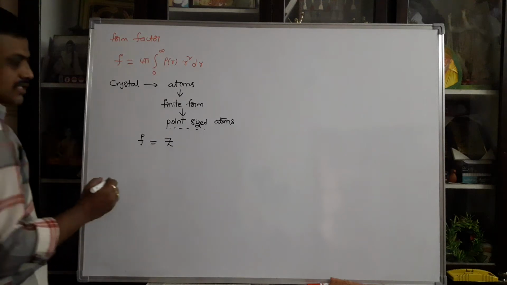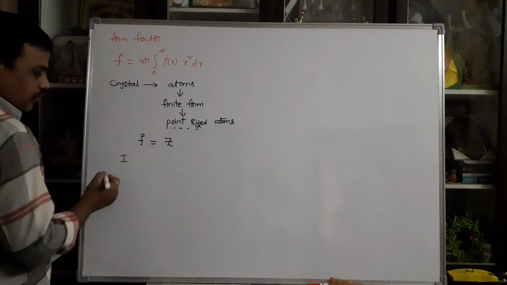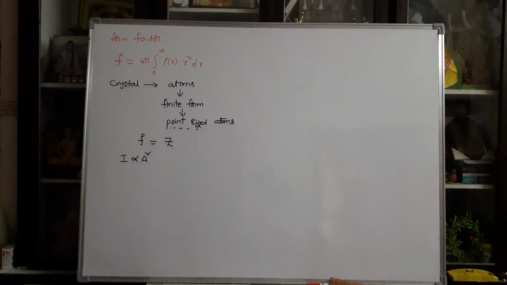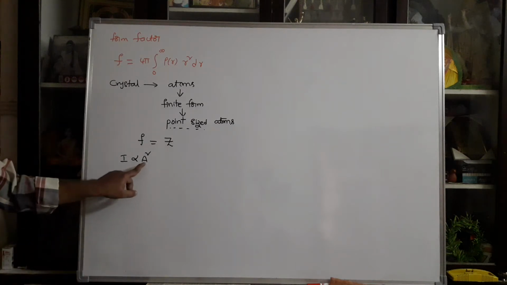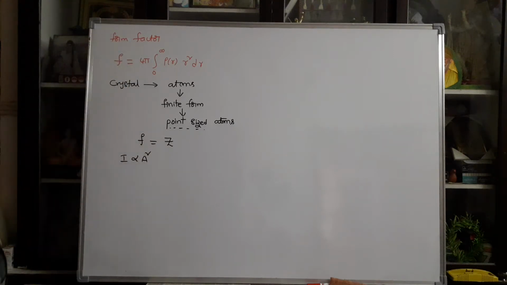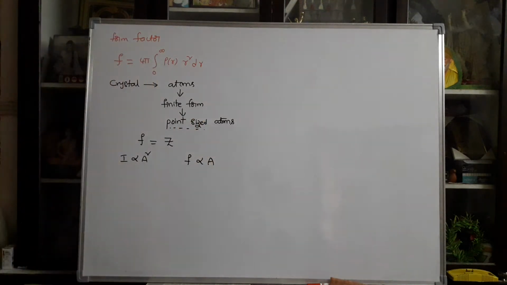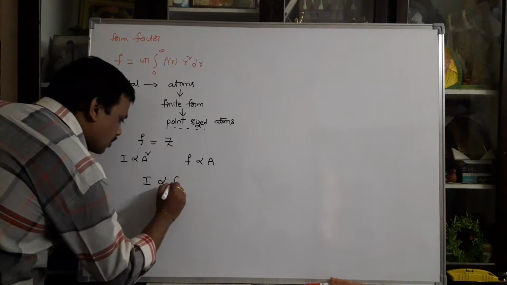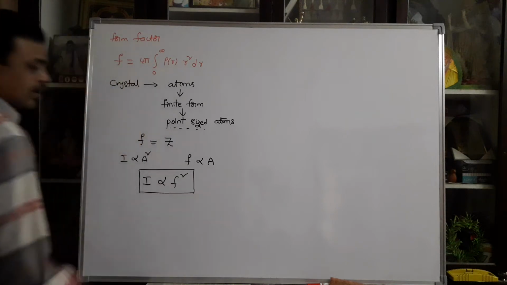According to the intensity of the diffracted ray, intensity is always proportional to the square of the amplitude of the wave. The amplitude of the wave is directly proportional to the form factor value. So the intensity of the diffracted X-rays is always proportional to the square of the form factor.